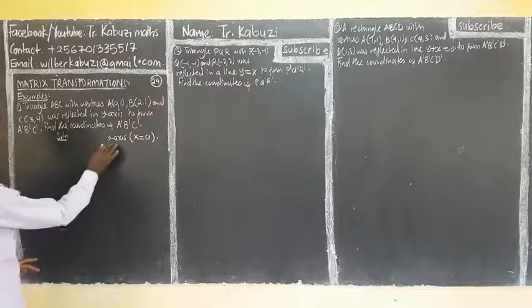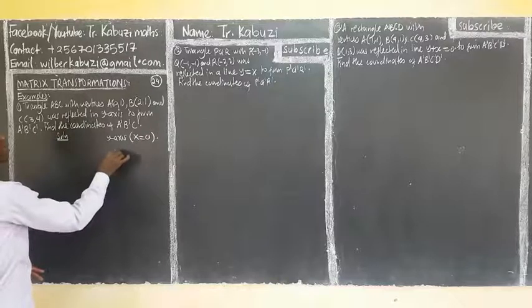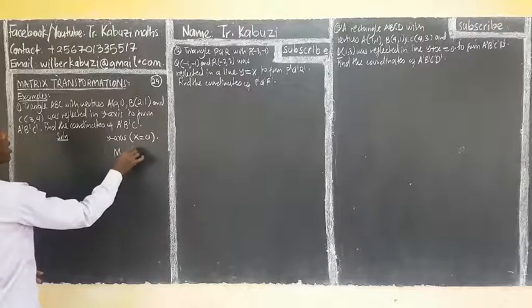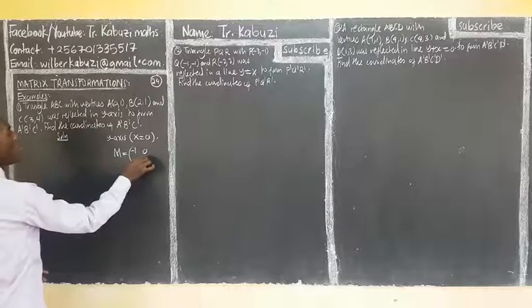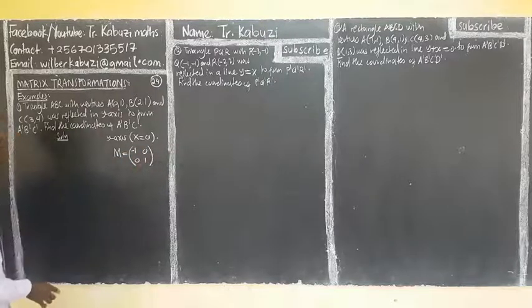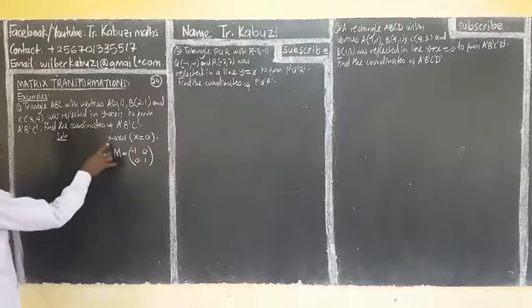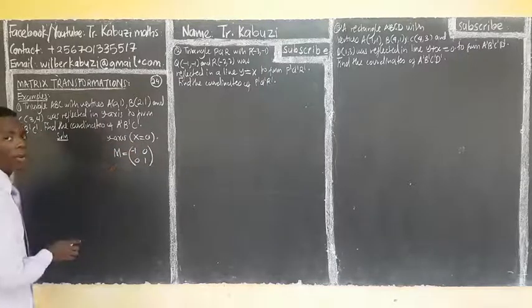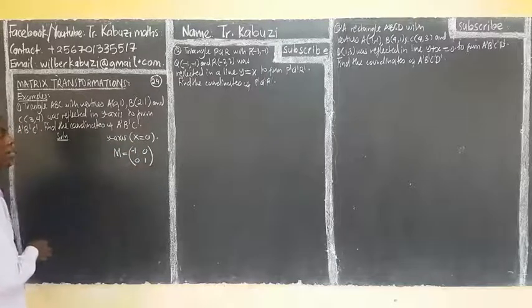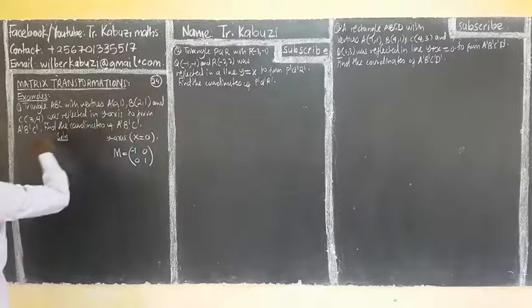We saw that for the y-axis, x equal to 0, its matrix of reflection was (-1, 0, 0, 1). This was the matrix of reflection for the same y-axis, the same as x equal to 0. So now this is the matrix we are going to use to transform ABC.